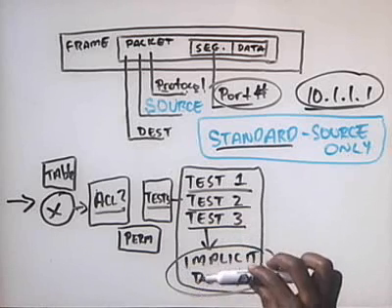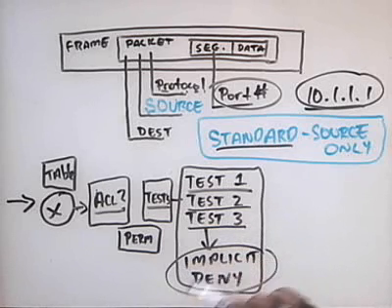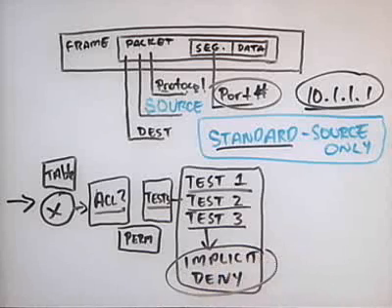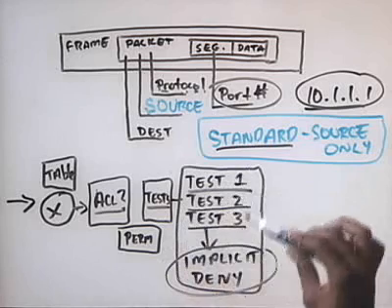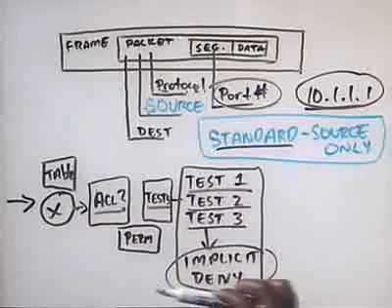That packet then will be matched to that particular line in the access list, and that packet will be dropped. So if there is no permit statement in the entire access list for the packet, that packet will be dropped.